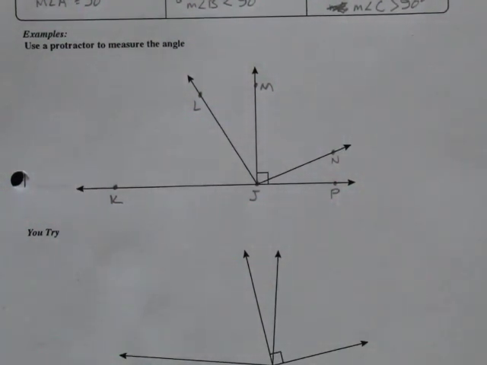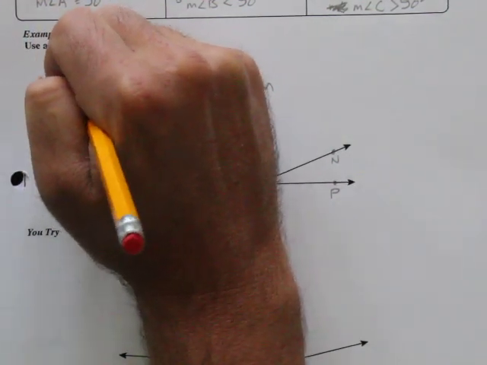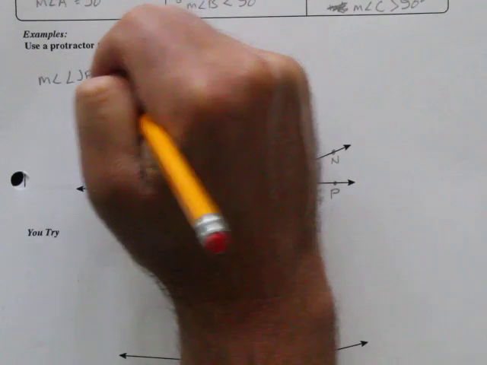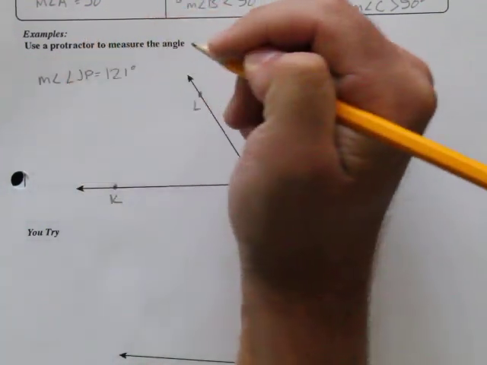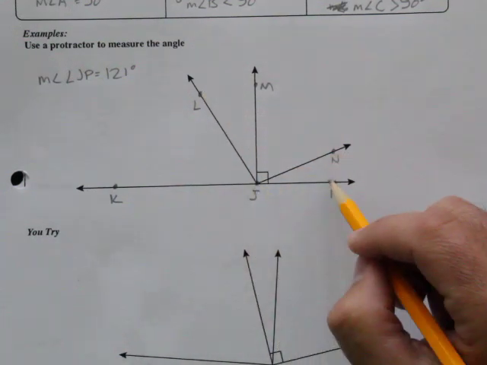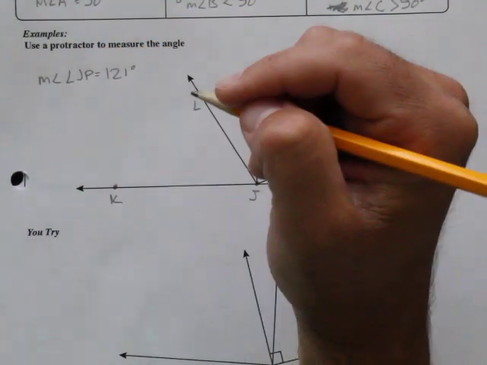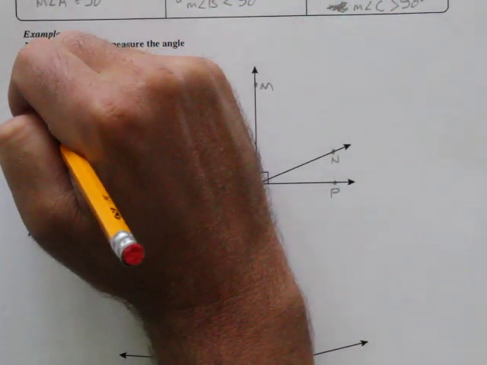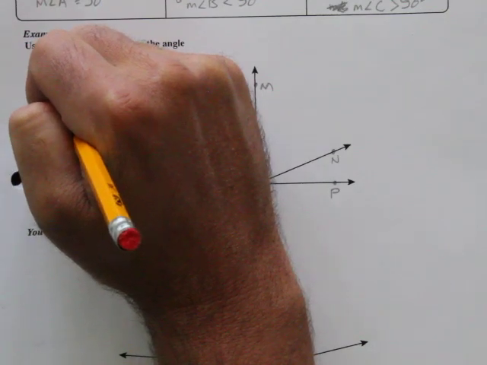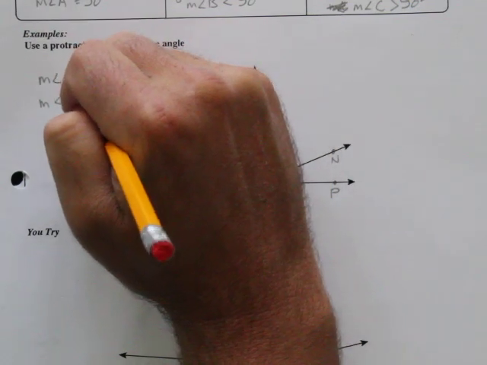Okay, now I've got some questions here. Here's information. Measure of angle LJP is 121 degrees. What is the measure of angle LJK?